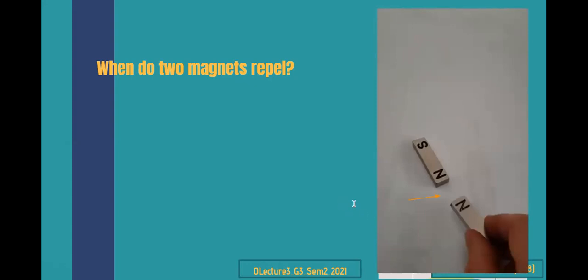The magnets, what's the word? Repel. The magnets repel each other. They do not stick. They repel each other.